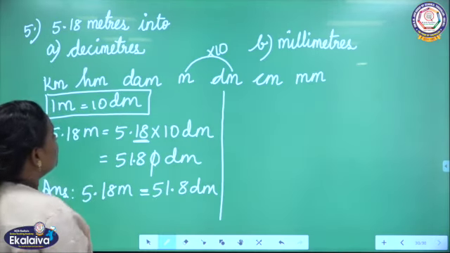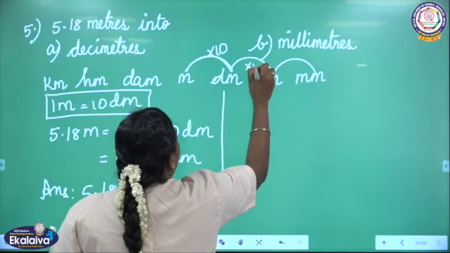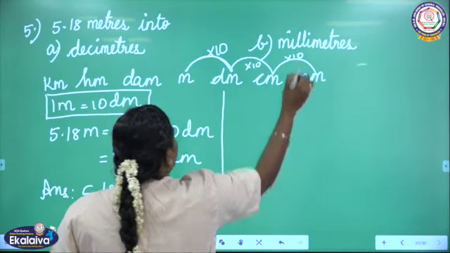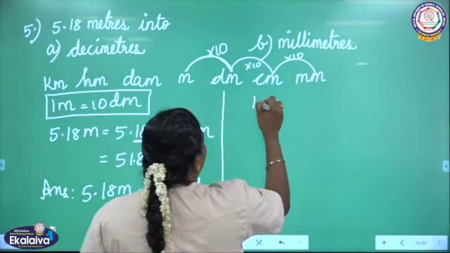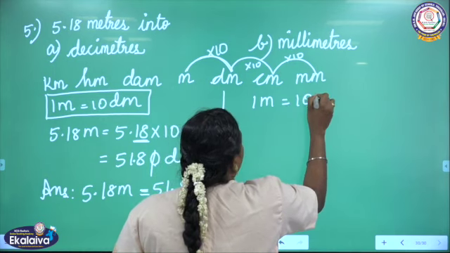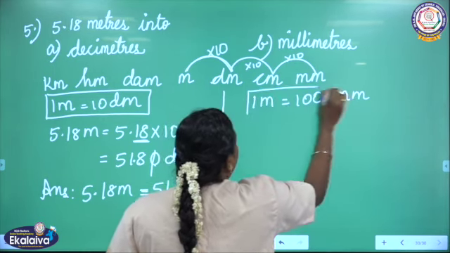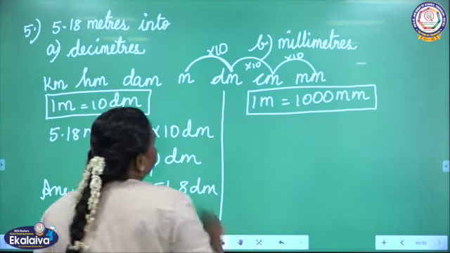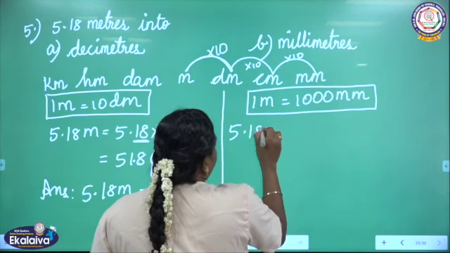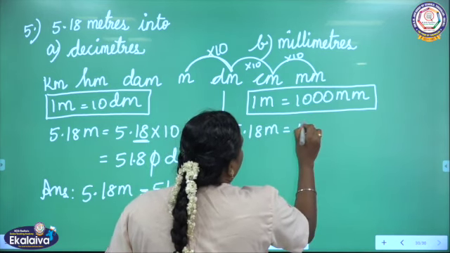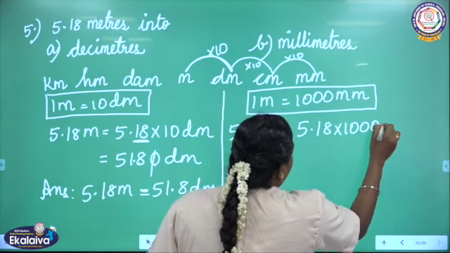Next we are going to convert into millimeter. Meter into millimeter. 10 into 10 is 100, 100 into 10 is 1000. 1 meter equal to how many millimeters, children? 1 meter equal to 1000 millimeter. So 5.18 meter equal to 5.18 into 1000 millimeter.